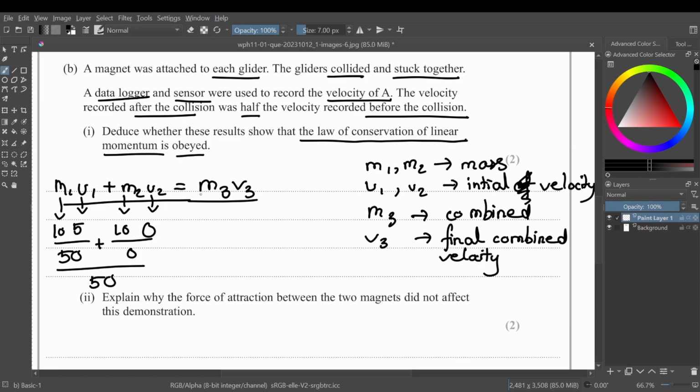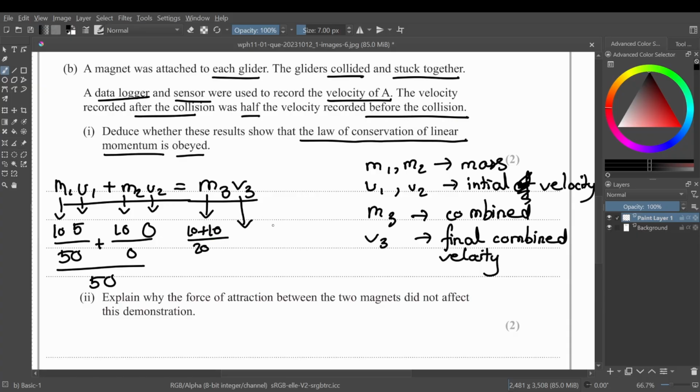So now let's do the right side, which is after the collision. The mass of both gliders is 10 plus 10, which is 20. Now what about the final velocity? It says that the velocity recorded after the collision was half the velocity recorded before the collision.